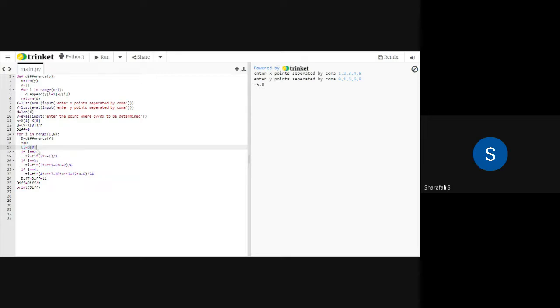Now it is taking the first element in the delta square y0 list, that is nothing but delta square y0, and that will be checked with these conditions that I have given additionally.